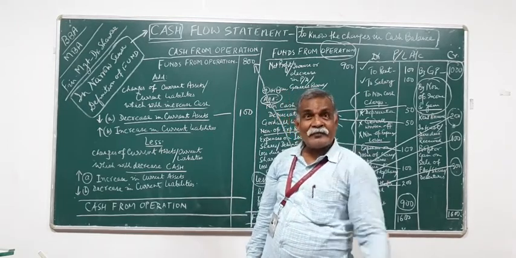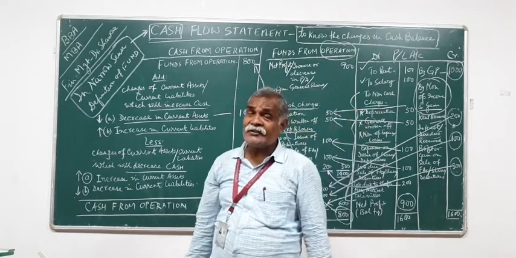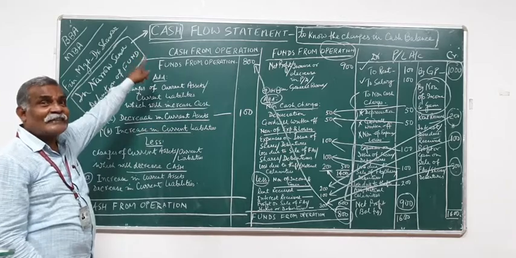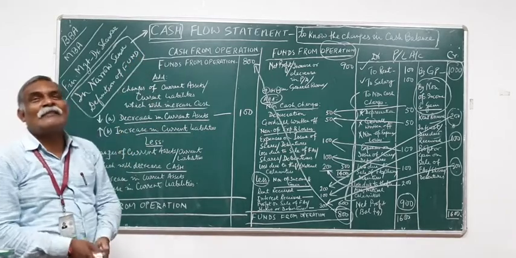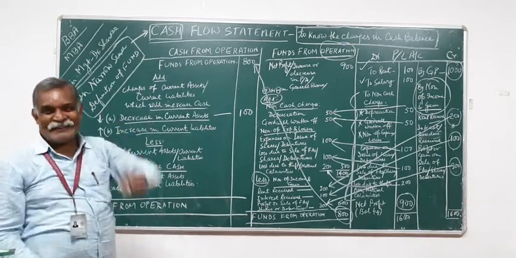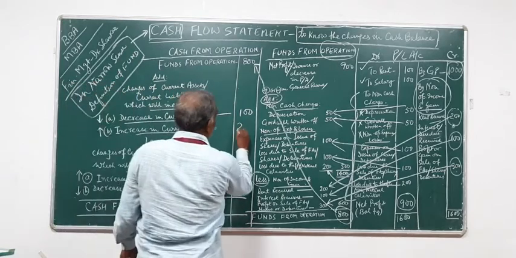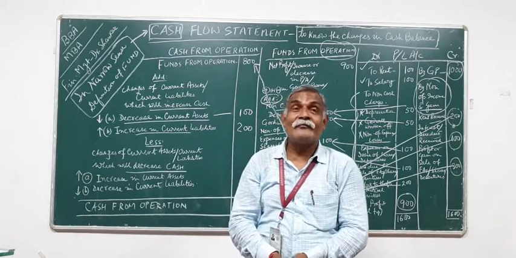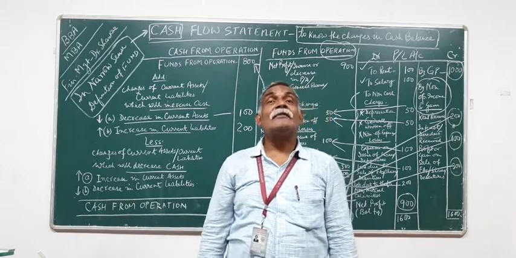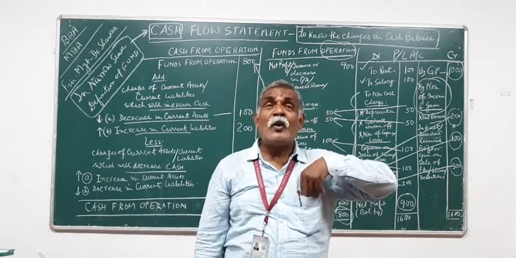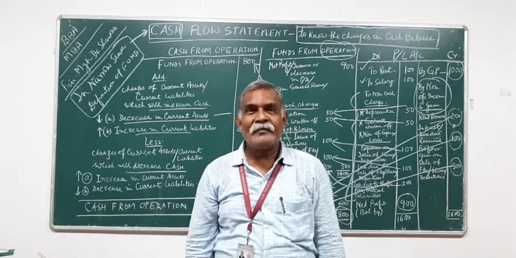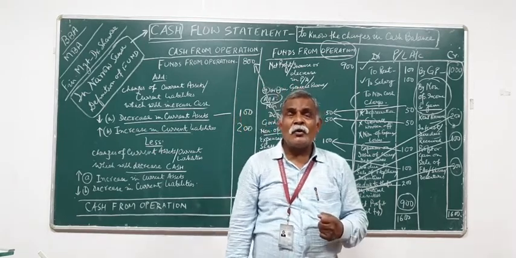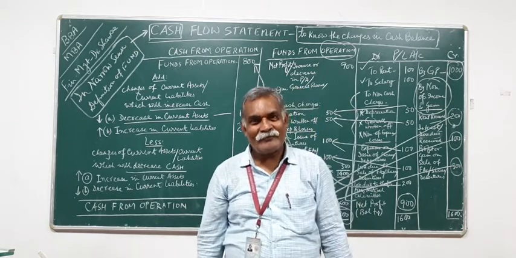The reverse is the case for current liabilities. Because a decrease in current assets will increase cash, an increase in current liabilities will increase cash. Suppose this is 200. An increase in current liabilities means I have 200 rupees in my pocket, but I purchased the stock on credit basis.